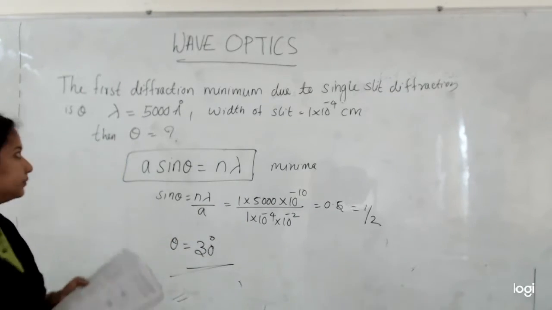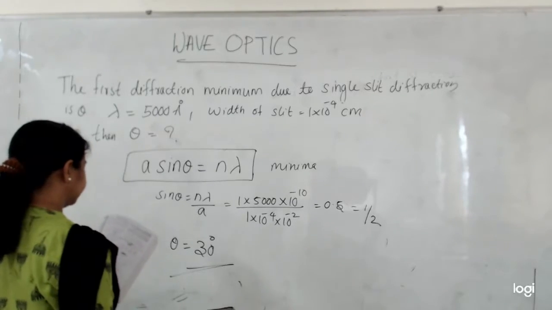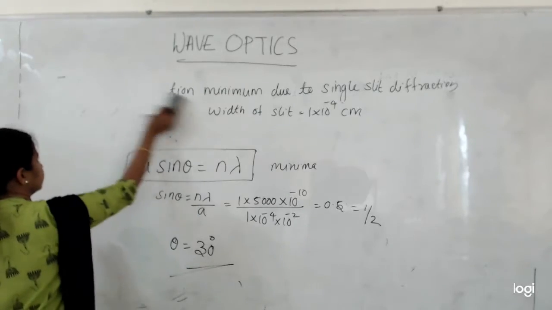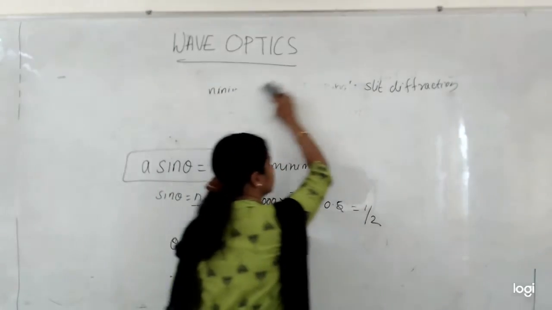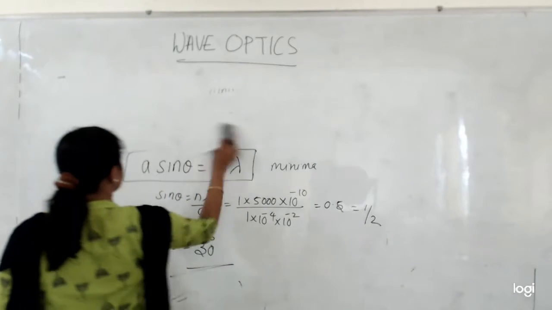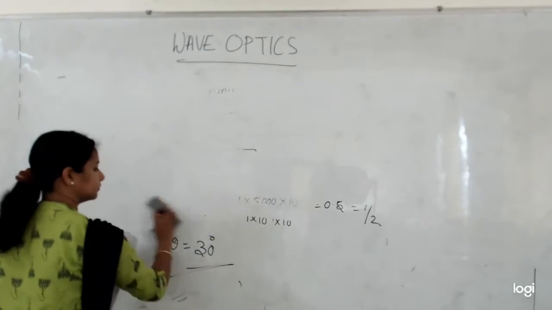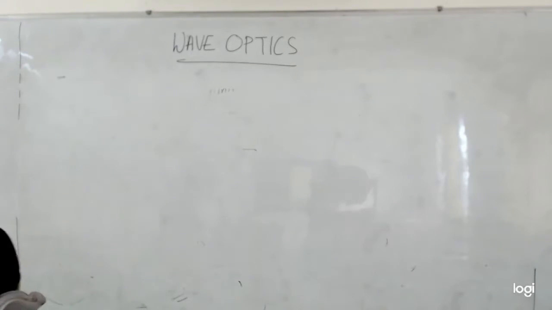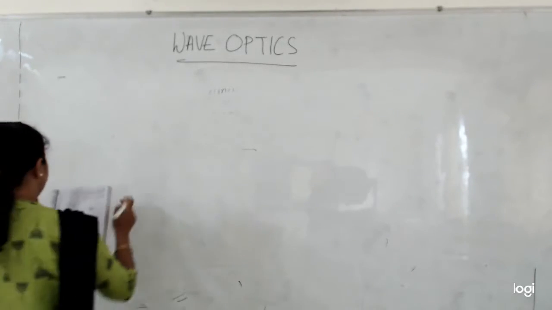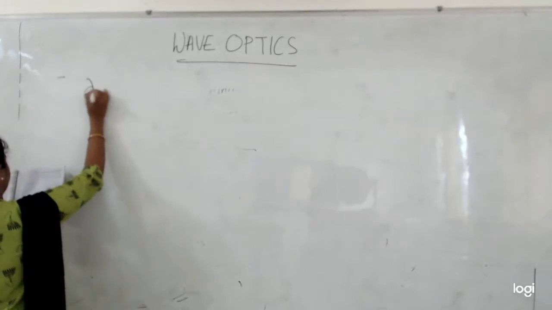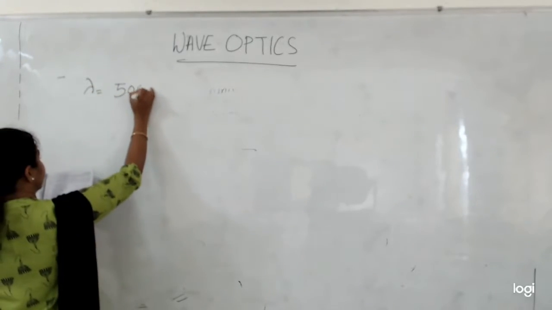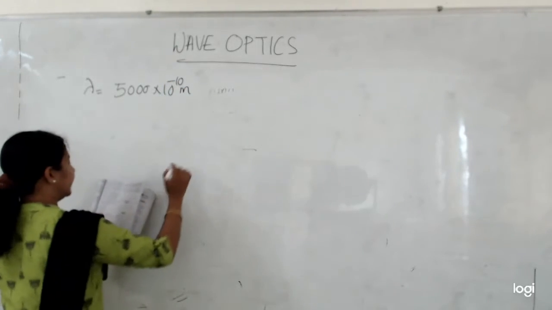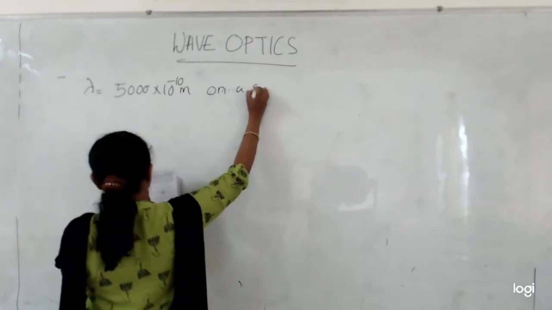Next. A light of wavelength 5000 into 10 power minus 10 meter is incident on a slit.